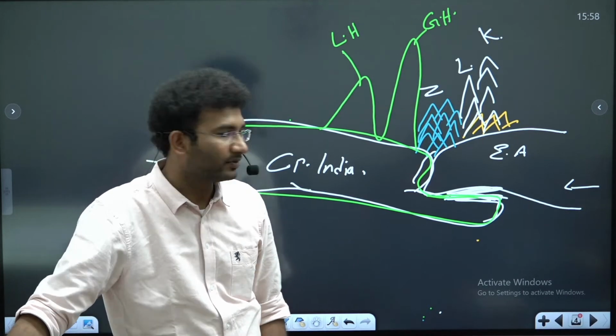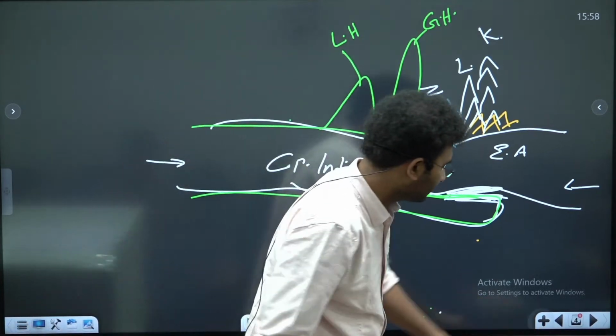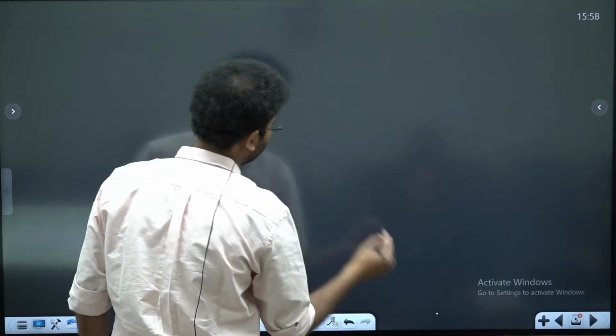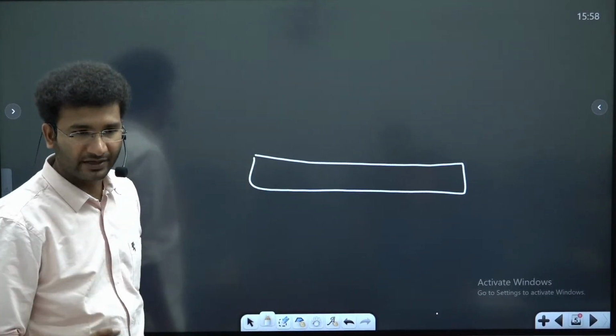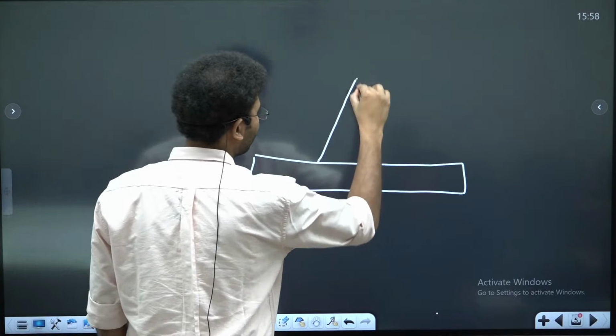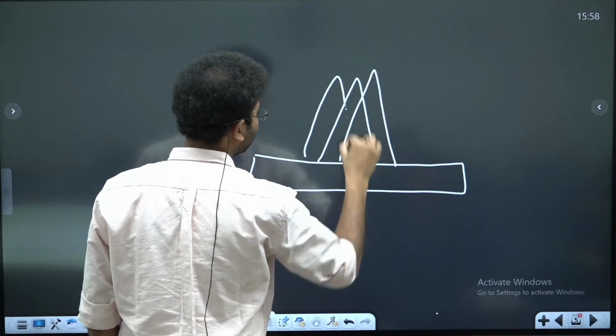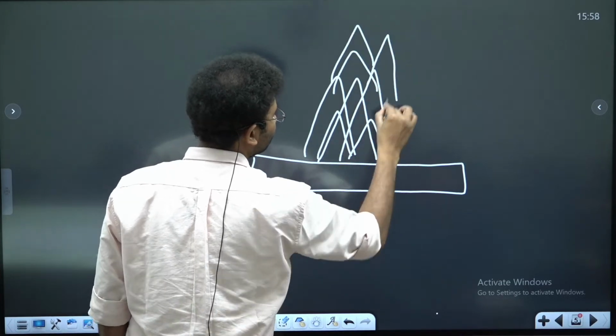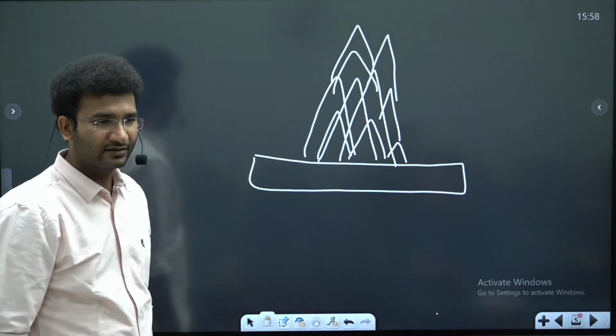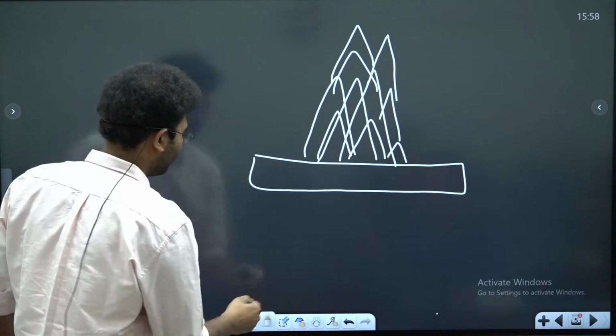Now what is a foredeep? Imagine that I have a plate, okay? This is a plate, a lithospheric plate. On this lithospheric plate, I have put more weight. Imagine I have put too much weight here. What happens to this plate? It will make a curve. What is that curve?